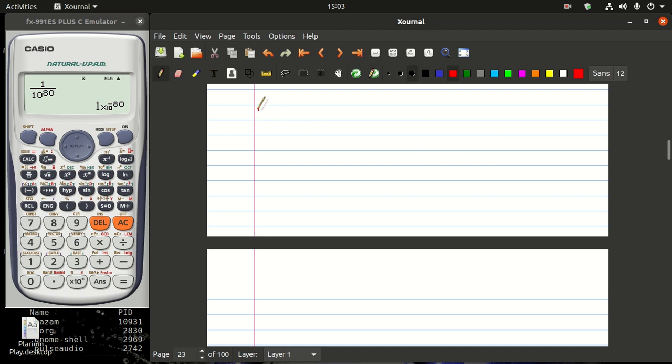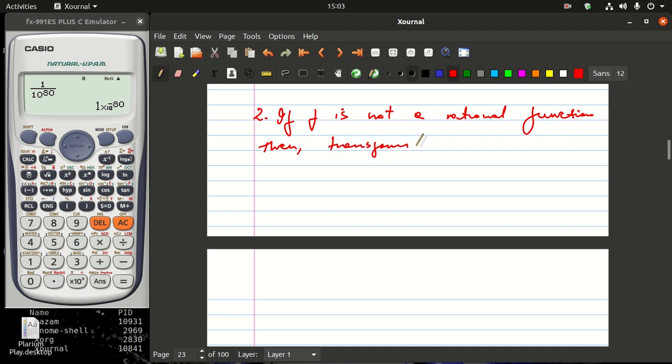Now the second one: if f is not a rational function, then transform the indeterminate form to a determinate form.